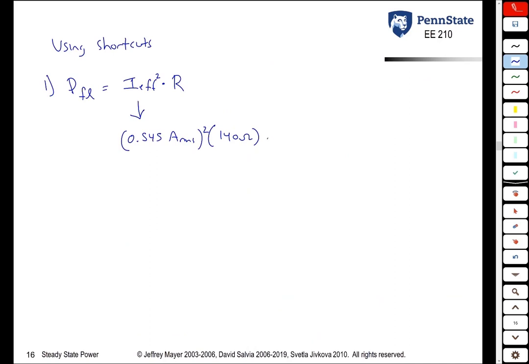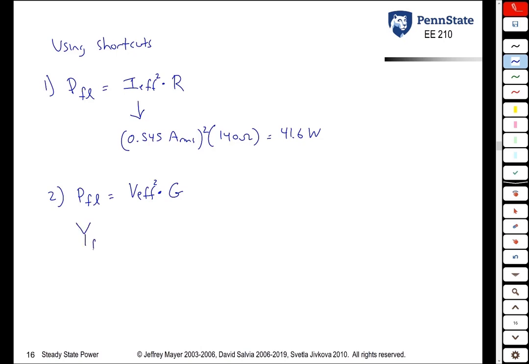You work out the math, you get 41.6 watts. Alternately, we could say that the power absorbed by the fluorescent load is V effective squared times G, where G is the real part of the admittance.